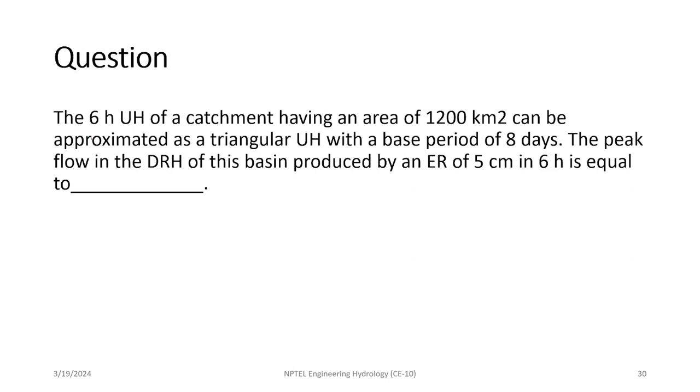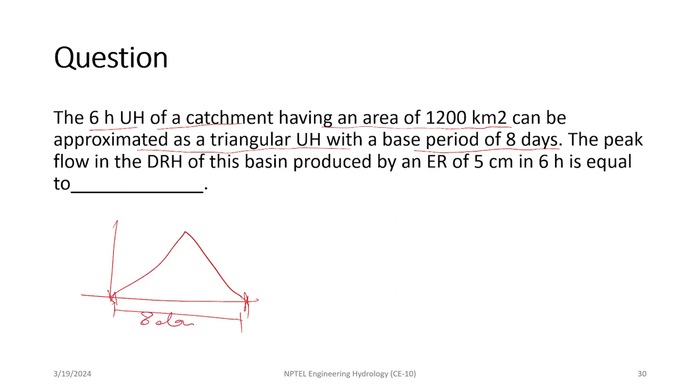So the question here is: the unit hydrograph of a catchment having an area of 1200 kilometers square can be approximated as a triangular unit hydrograph with a base period of 8 days. So I'm just plotting a triangle here. It is already mentioned that this is the base period, right? So the base period will be 8 days, and the area of the catchment is 1200 kilometer square.